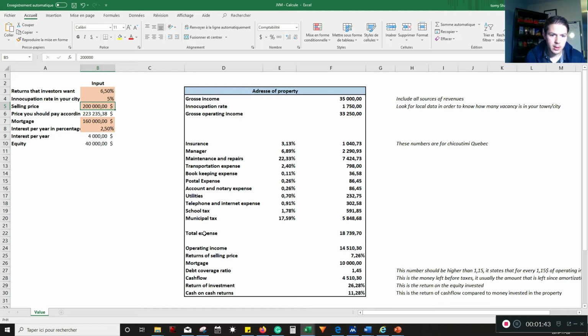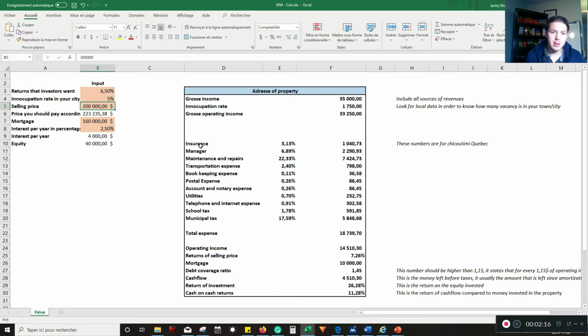It's in their expenses, where we have insurance, manager, maintenance and repairs, transportation expenses, bookkeeping, postal expense, accounting and notary expense, utilities, telephone and internet expense, school taxes, municipal taxes. A lot of people forget to put, like in this example, my expenses for maintenance and repairs is 22% of the total revenues that it's making per year.